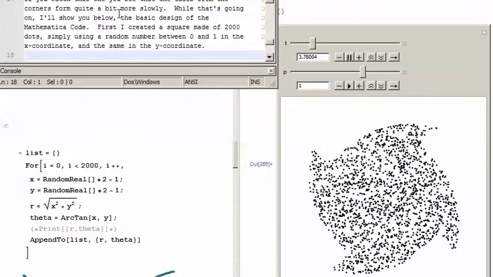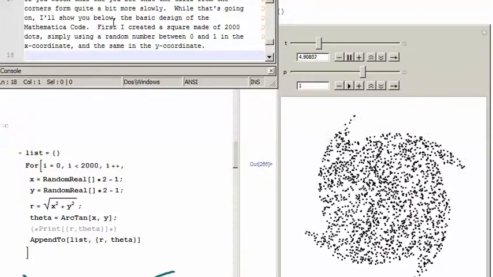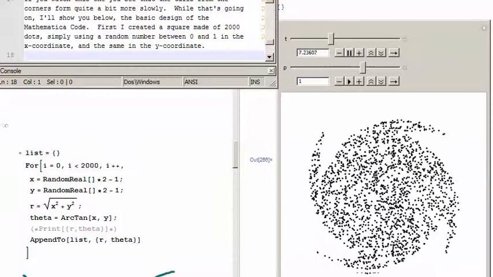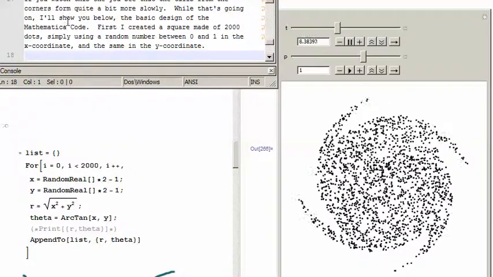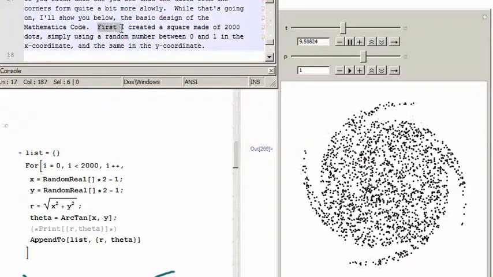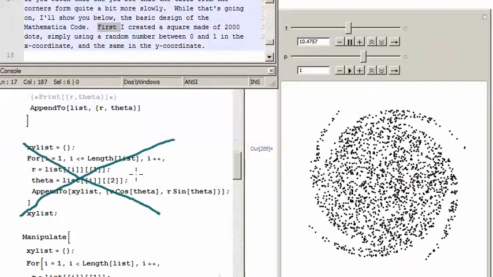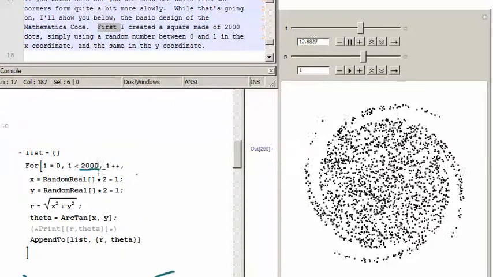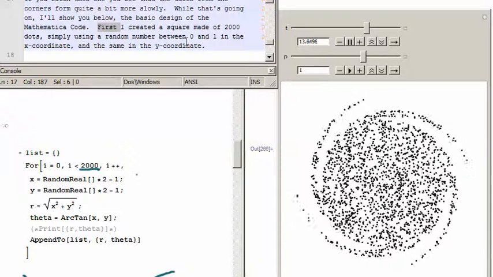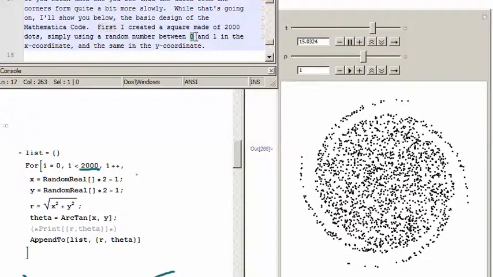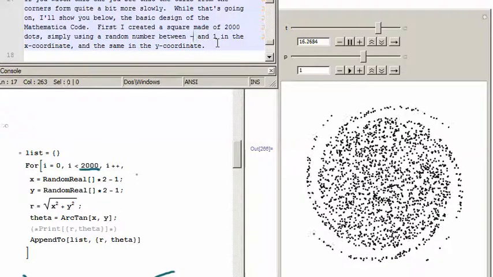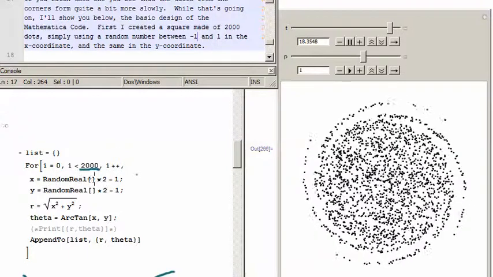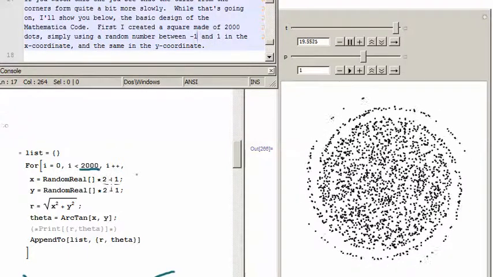While that's going on, I'll show you below the basic design of the Mathematica code. First, I created a square made of 2,000 dots, simply using a random number between -1 and 1 in the x-coordinate: a random real number between 0 and 1 multiplied by 2 and then subtracting 1.